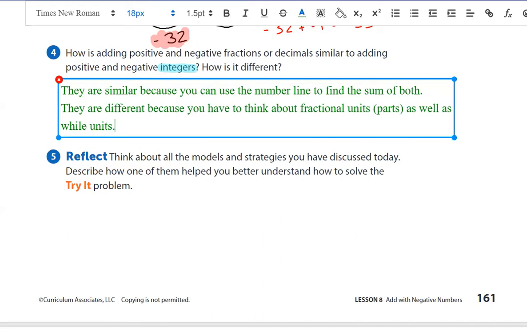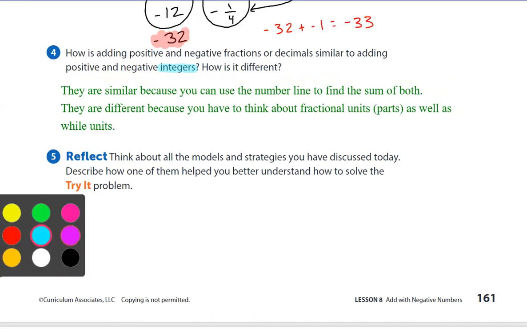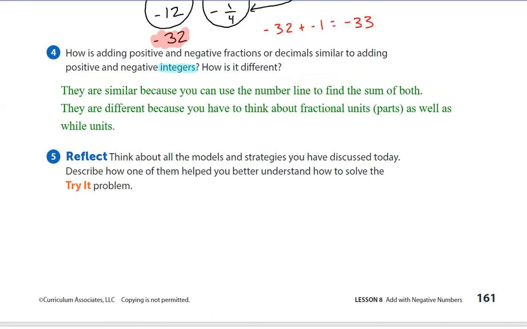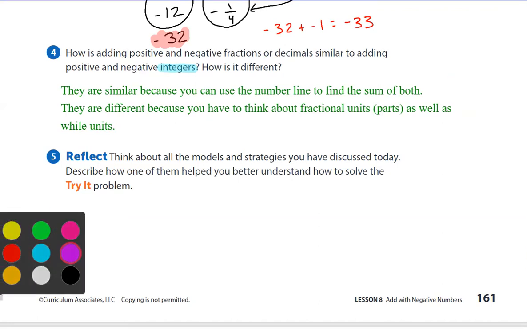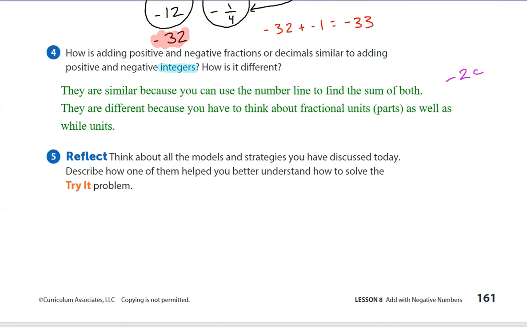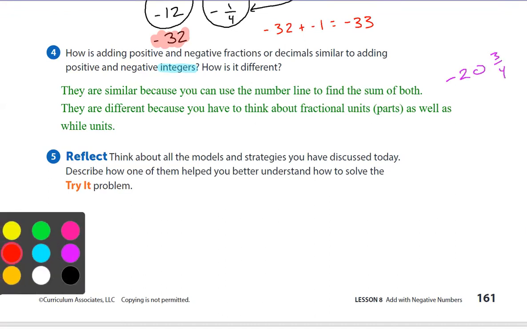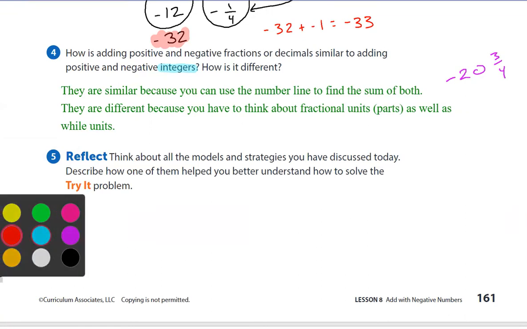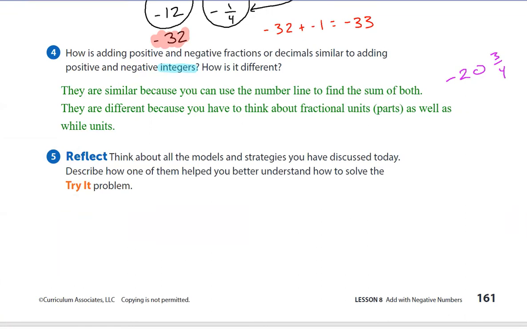So I want to be sure to illustrate that since I used a lot of vocabulary there. Negative 20 and 3/4. This is the whole unit, and this is the fractional unit, in case that wasn't clear.